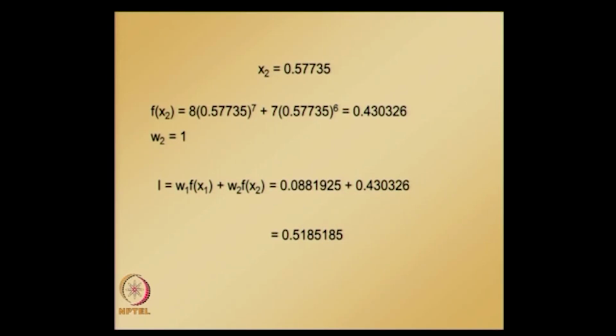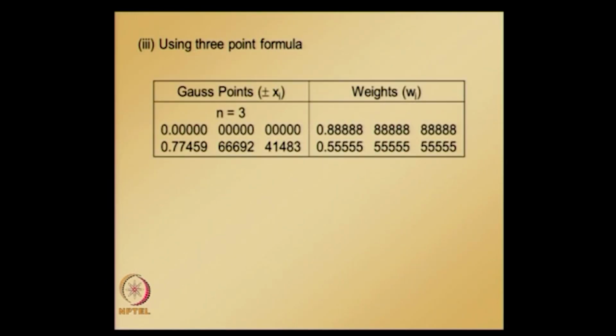So, now let us redo this integral evaluation with 3 points. For 3 points, the coordinates and weights from the table can be easily read, these are the values of points and weights.